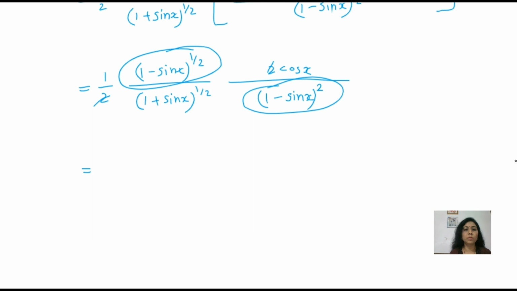And here 1/2 power, so if it goes down here, this will be minus 1/2 power, right?